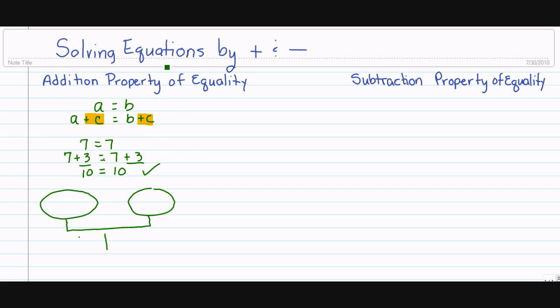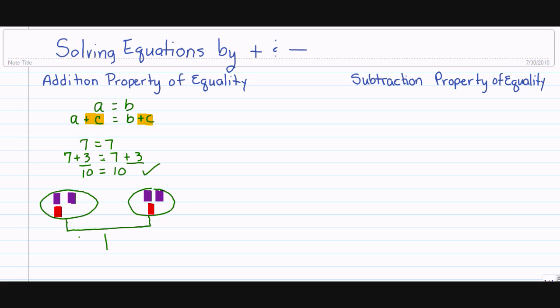Okay, if I had, let me get a color you can see, 2 is equal to 2 purple rectangles, right? Everybody agree with me on that? Well, if I were to add a red rectangle, they're unbalanced. They're not the same, so the scale's going to tip to one side. So I have to add the same thing to the other side, which would be another red rectangle.